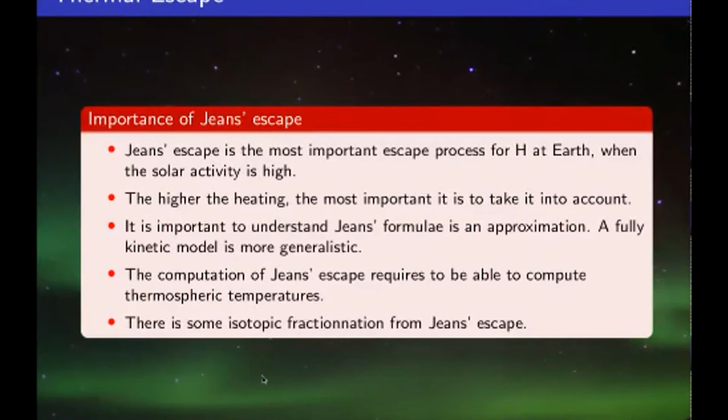It's important to understand that at Earth right now, when the solar activity is high, it's one of the main escape processes for H. And if we want to go back and try to understand the history of a planet, we have to understand that there is some isotopic fractionation from that process.